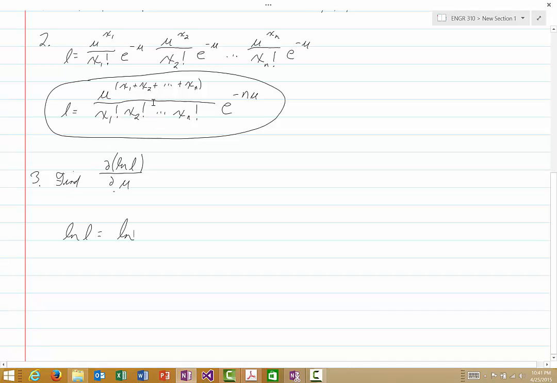And remember that the log of a product is the sum of the logs, and so we could write this as log of mu to the x1 plus dot dot dot plus xn, plus the log of e to the minus n mu, minus the log of x1 factorial dot dot dot xn factorial.